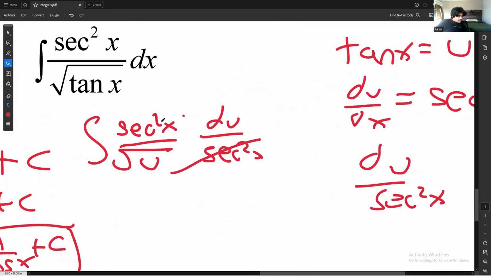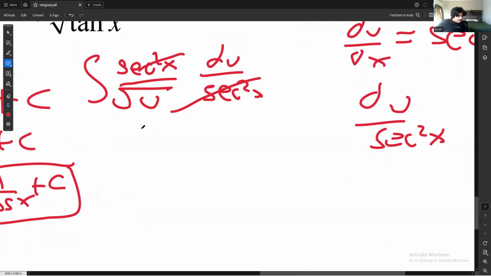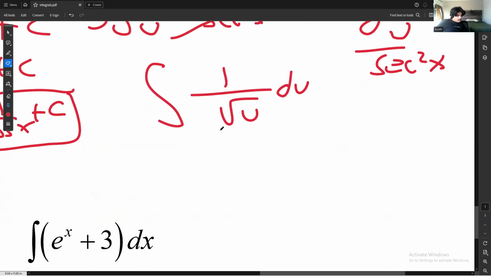And now I'm going to cancel out my secant square x's and integrate 1 over radical u du. And over here, I can write this as u to the -1/2 power, since this is a radical under a fraction with 1 on top. So this is u to the -1/2 power du.